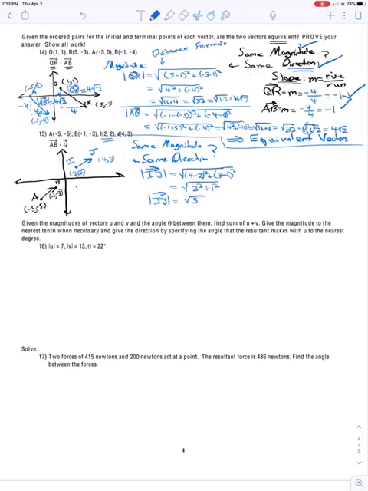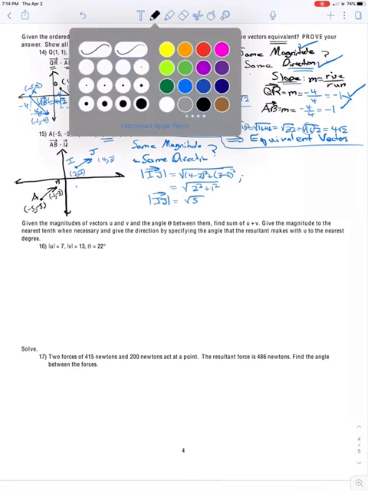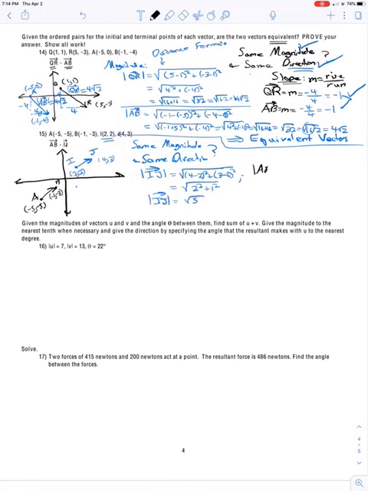And how about our next vector? We go to vector AB. What's the magnitude of vector AB? The square root of the change in the x-coordinates: -1 minus the x-coordinate, which is -5, squared, plus the change in the y-coordinates, which is -3 minus -5, squared.